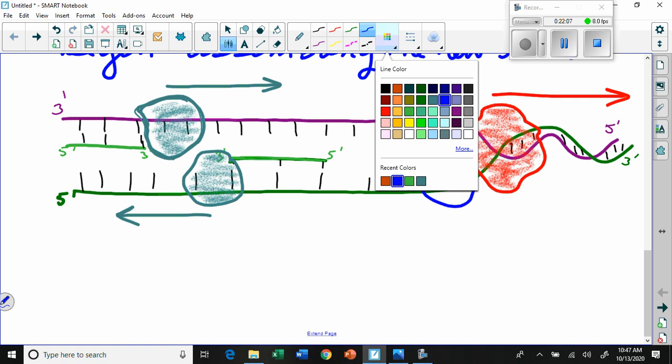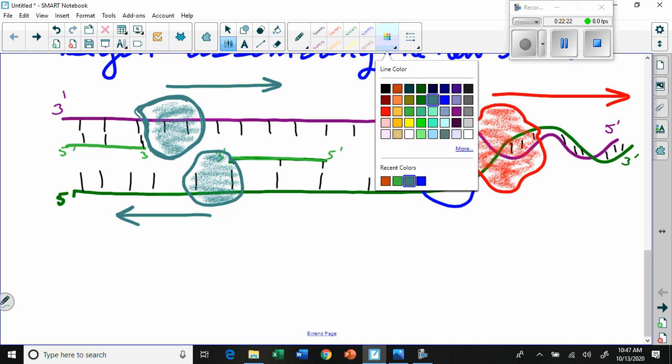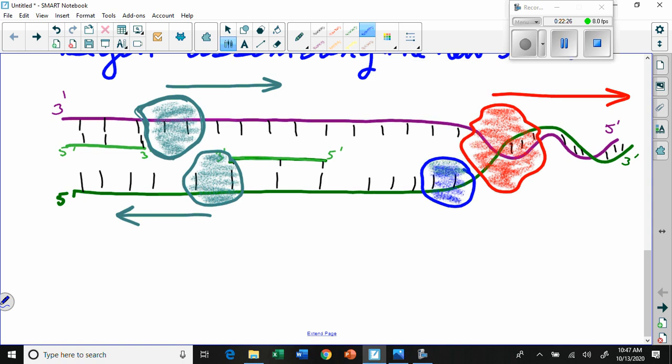Let's color him in. Crayon, color, blue. Let's color him in blue. So he's that RNA primer piece.